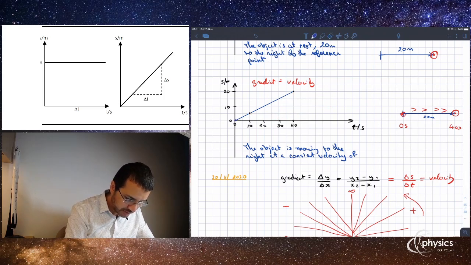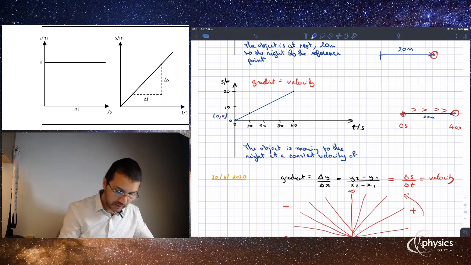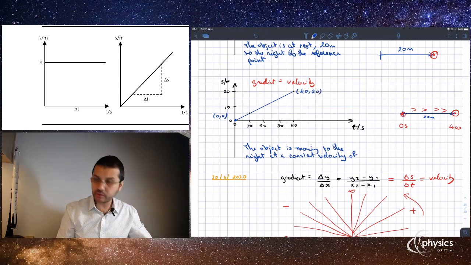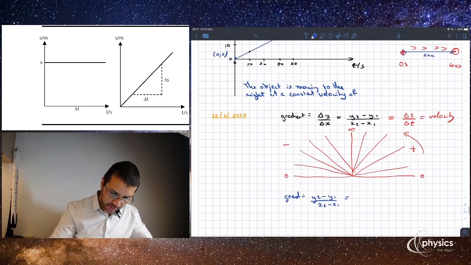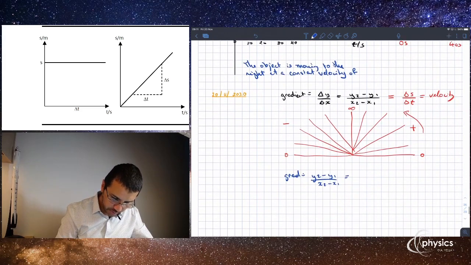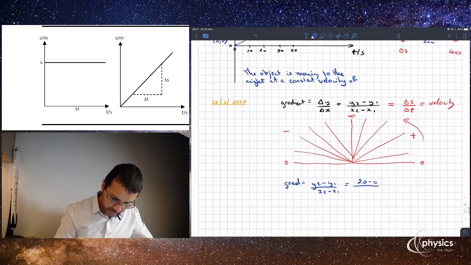I'm going to take this point this time, which is 0, 0, alright? And this point, the last one, which is 40, 20. Sound okay? 40, 20. Therefore, the gradient is 20 minus 0 over 40 minus 0. So in other words, it's 0.5 meters per second.